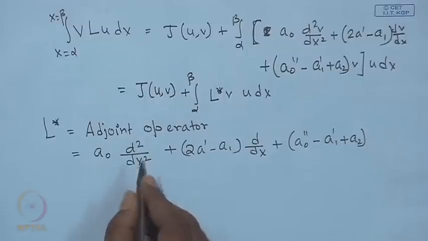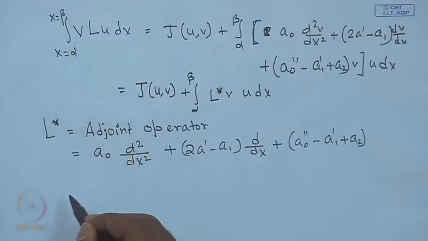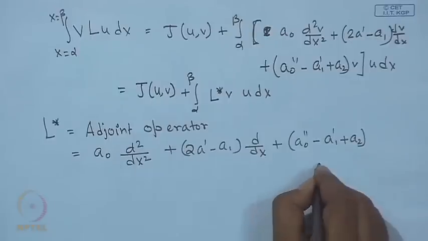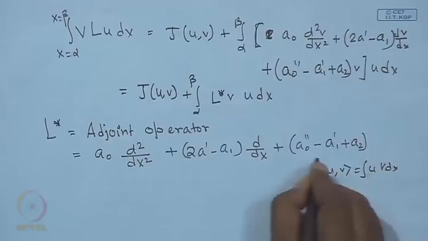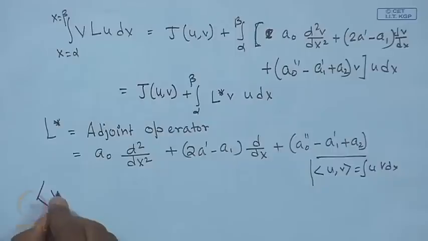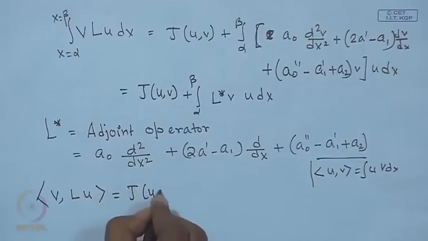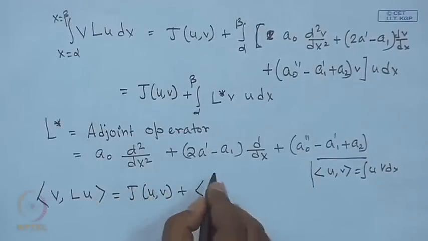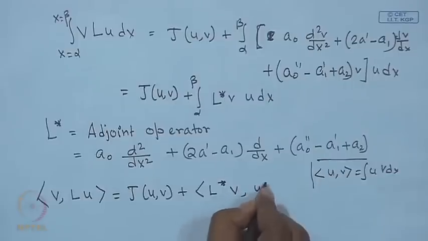If you remember, for continuous functions, the inner product is given by integration. So, the inner product of u and v is nothing but the integral of u v dx. So, we can write this equation as the inner product of v and L u is equal to j u v plus the inner product of L star v comma u.